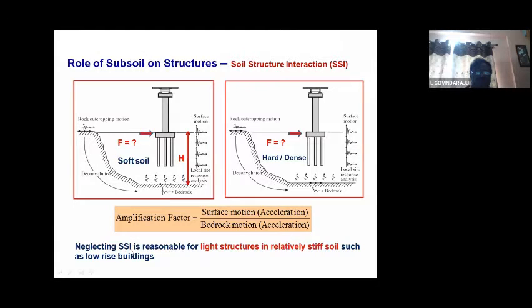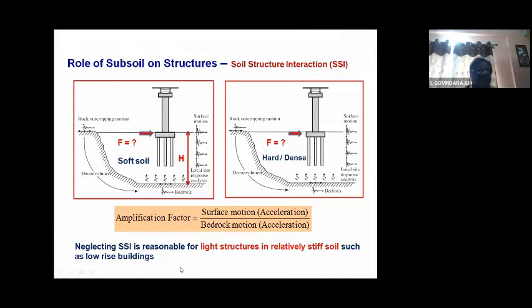under what circumstances? When your structure is lightly loaded and it is resting on relatively hard or stiff ground, such as low-rise buildings only. Earlier, there were code provisions where you could simply construct buildings to the required number of stories without considering the soil structure interaction effect.